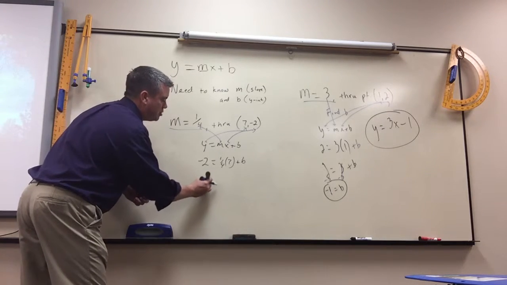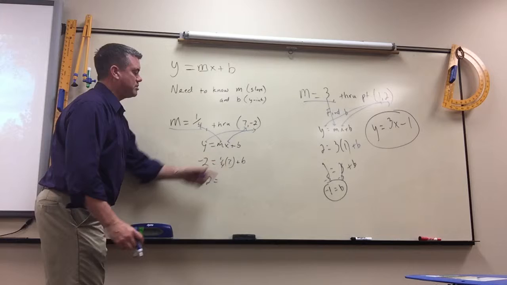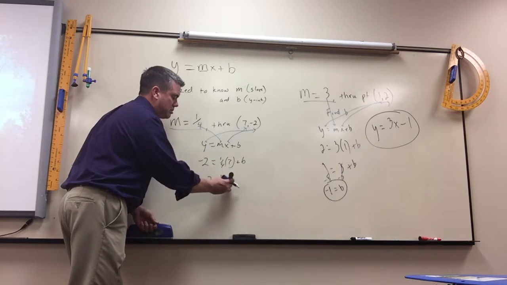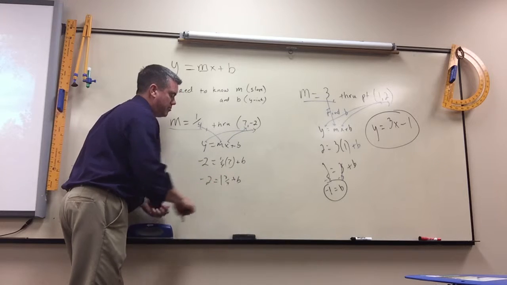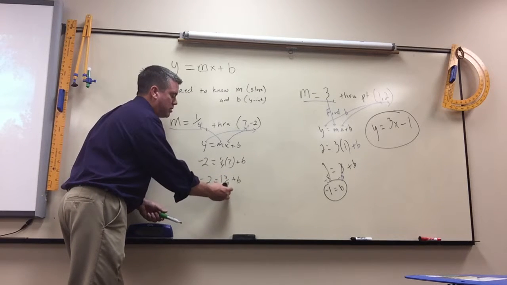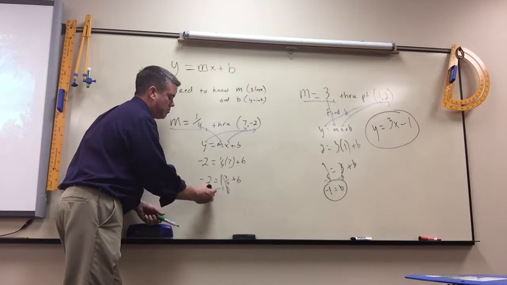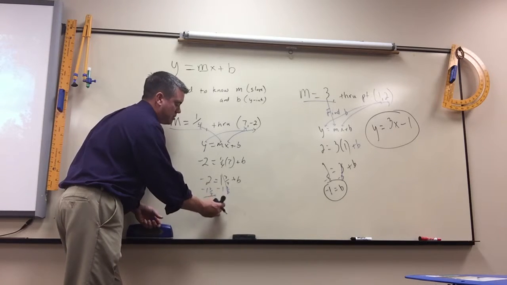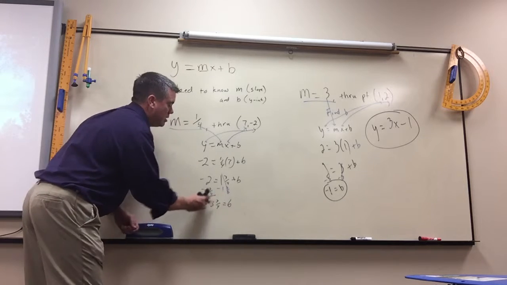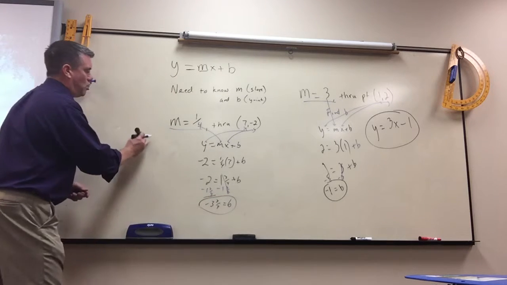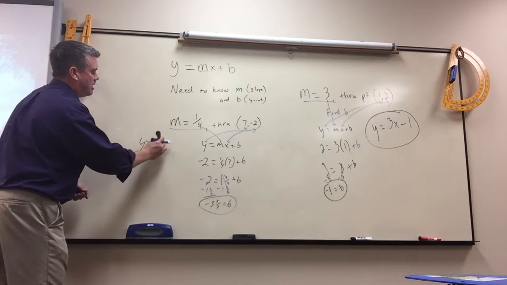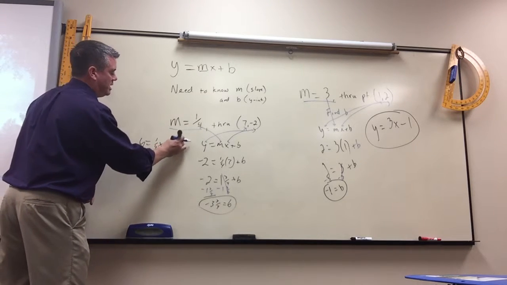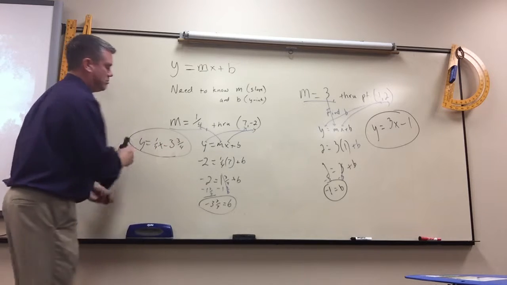So negative 2 equals 1/4 times 7 is 7/4, which is 1 3/4, plus b. So we gotta subtract 1 3/4, which is negative 3 3/4. So the equation is y equals 1/4 x, put this in for m, minus 3 3/4.